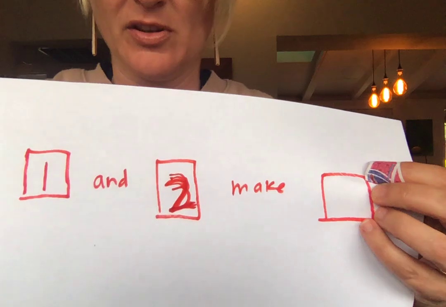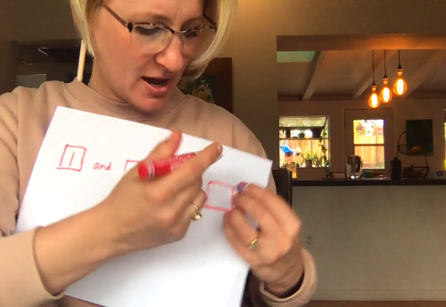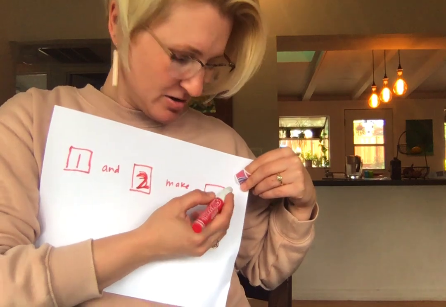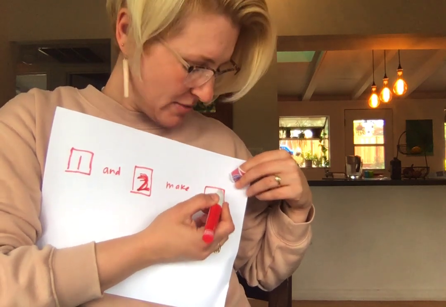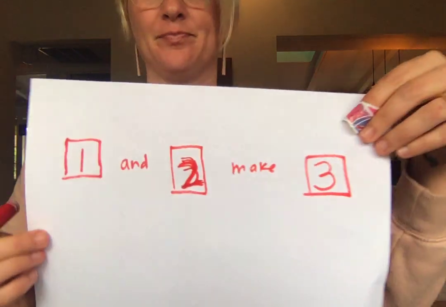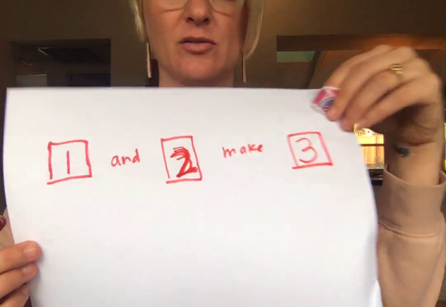Sorry, it's messy. Hopefully you can see that. 1 and 2 make, what's that top bubble? What number's in there? 1 and 2 make 3. Okay? Yours are going to look the same as this. Just make sure you're counting everything that they're asking you to count and put in the totals.